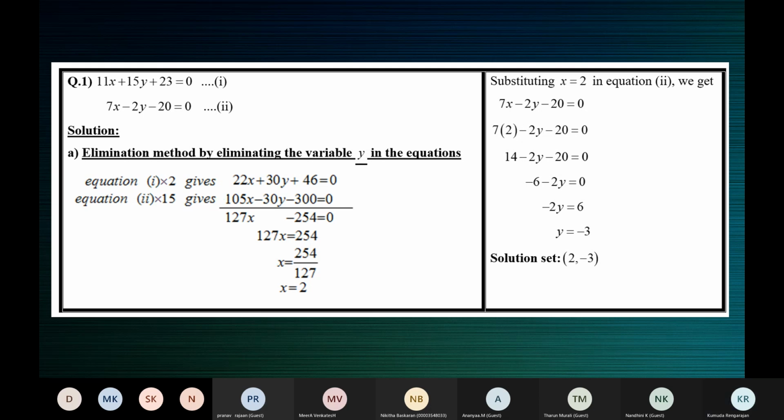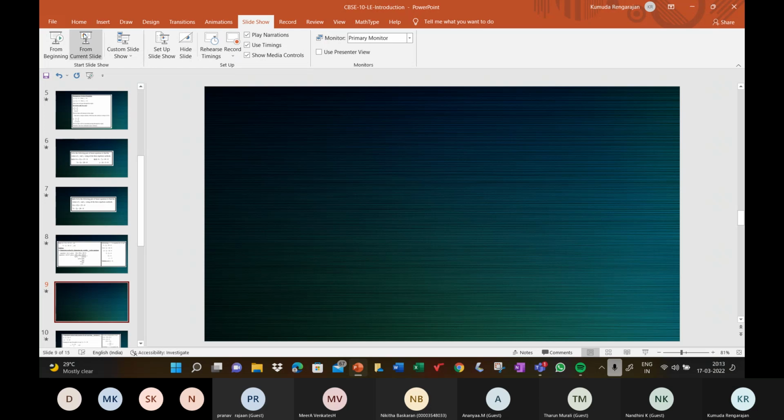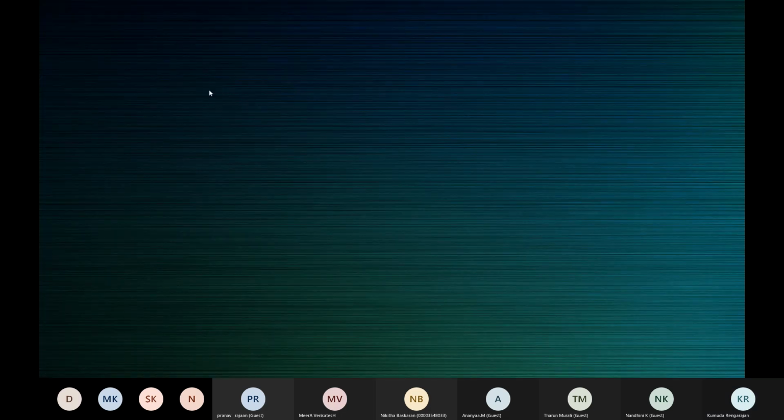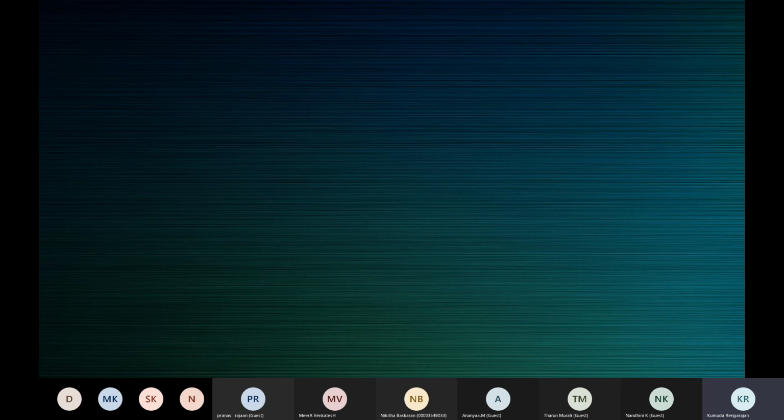All right. Now let's solve the same pair of equations by eliminating the variable x. One of you read out the equations.